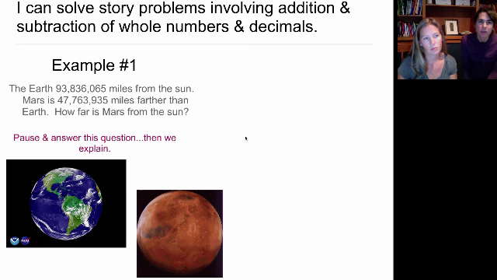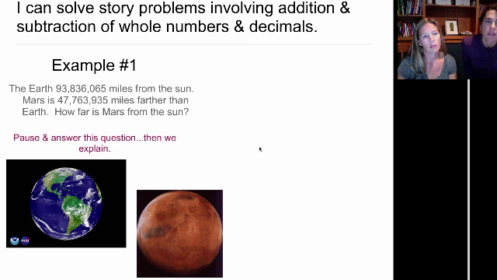So this first one, the Earth is, ooh, this is a big number, 93,836,065 miles from the sun. I'm writing it off to the side so you will be able to think about how to solve this problem. And you should be writing it down too.